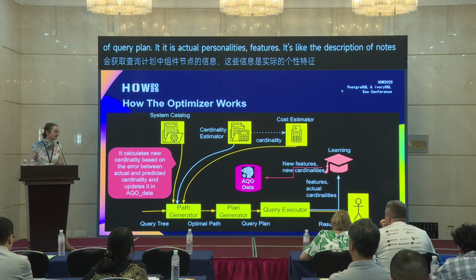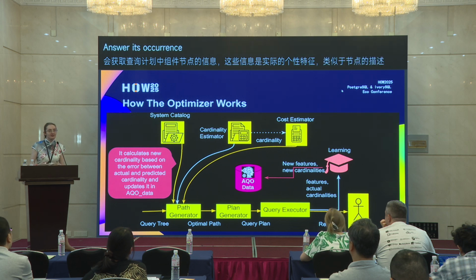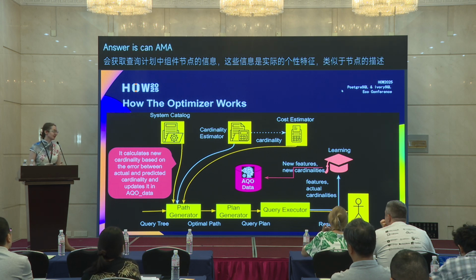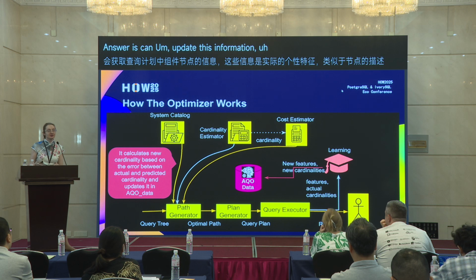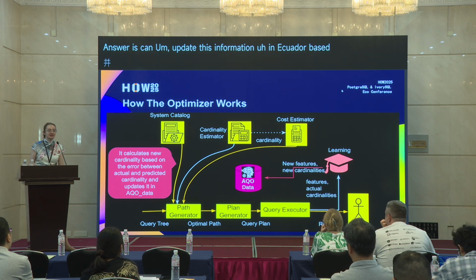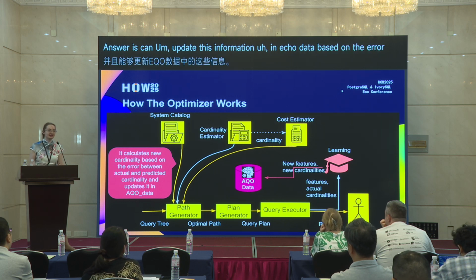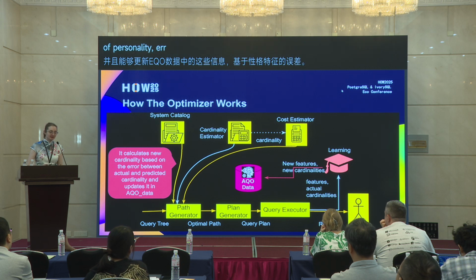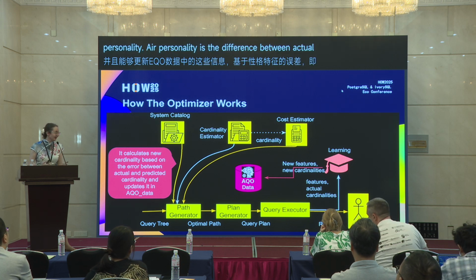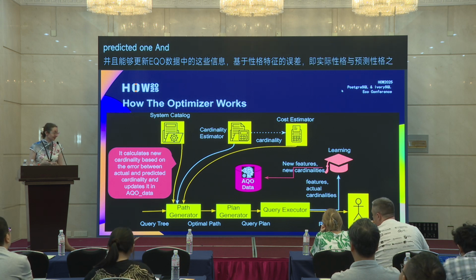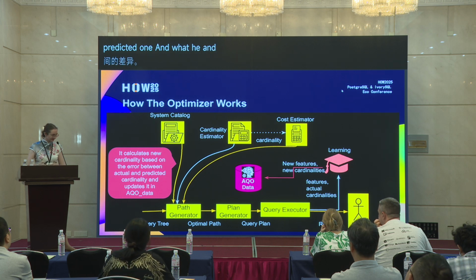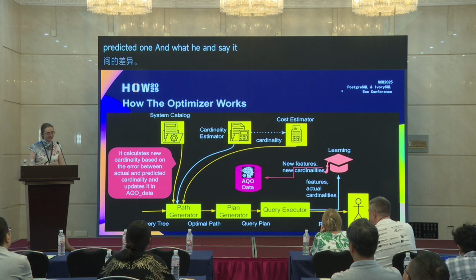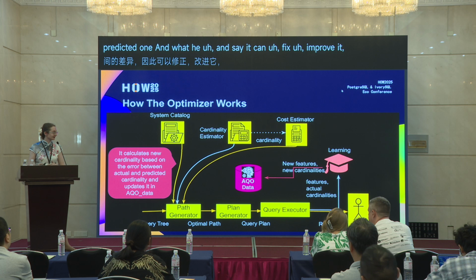And it can update this information in AQO data based on the error of cardinality. Cardinality error is the difference between actual cardinality and the predicted one.